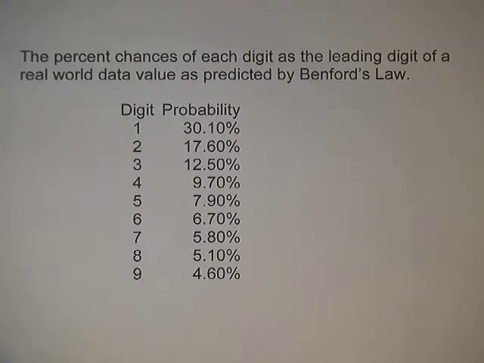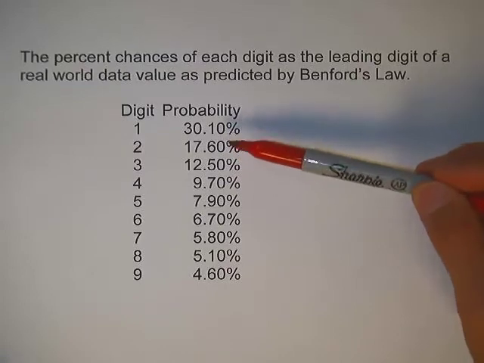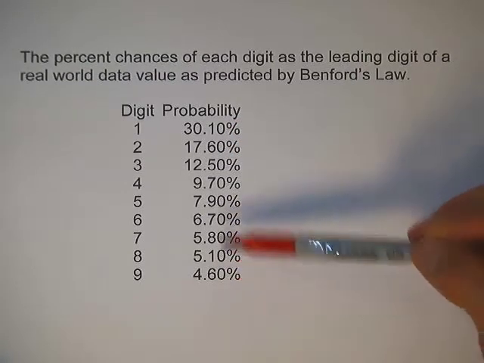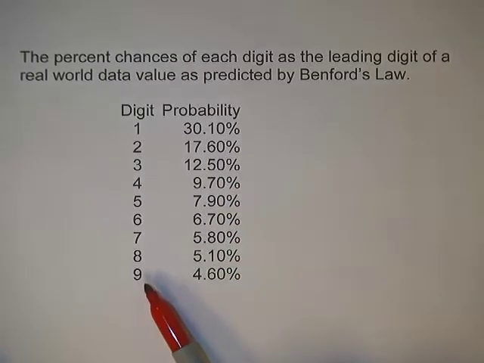Because a lot of those values have a leading digit of 1, that probability becomes so much higher. Actually, it ends up becoming a positively skewed distribution. As you move to the right, the probabilities get lower and lower. So the chance of a 9 being a leading digit in a real-world data set is pretty low, less than 5%.